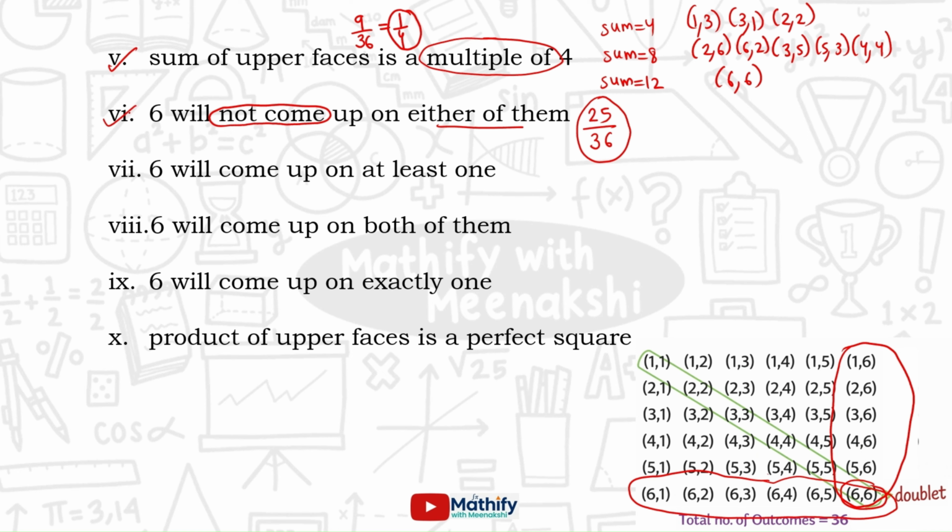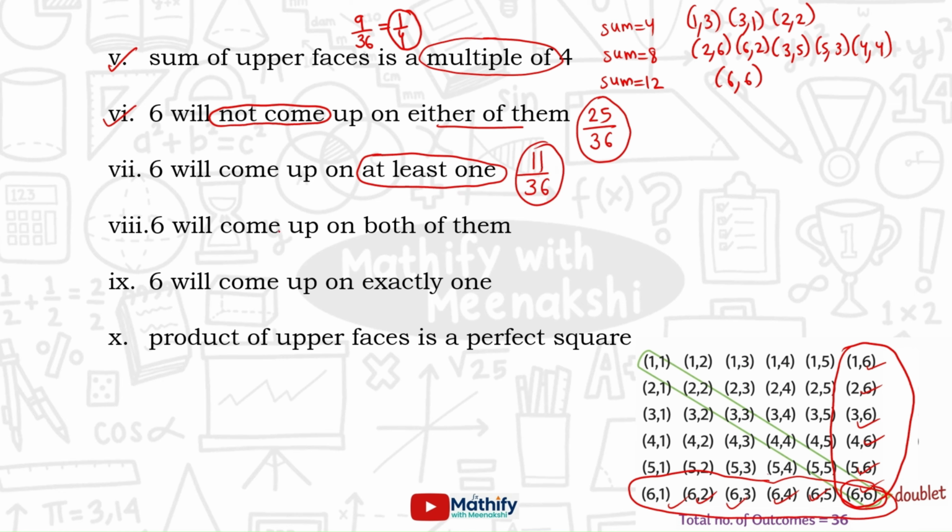Now, seventh part, 6 will come up on at least 1. For at least one, that means either one time or on both 6 can come. So that means you have to add these all: 1, 2, 3, 4, 5, 6, 7, 8, 9, 10, 11. So answer is 11 by 36.